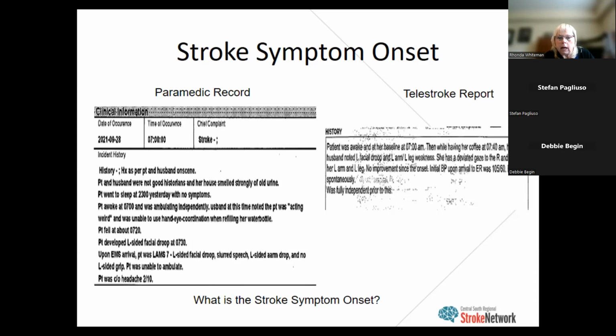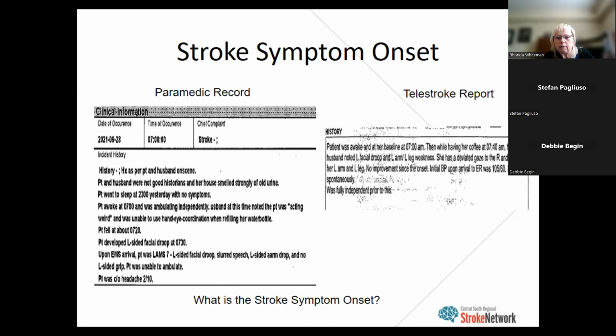You can see in the note that the paramedics indicated the patient and husband were not good historians. The patient went to sleep at 2300 with no symptoms, woke at 7 and was ambulating independently.